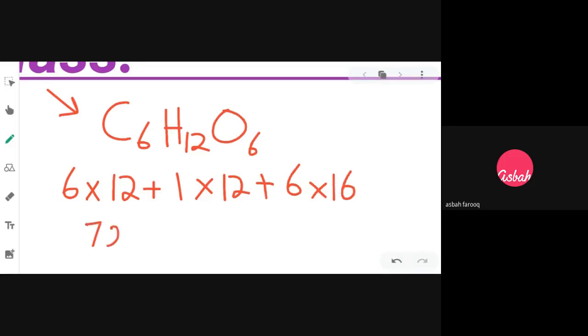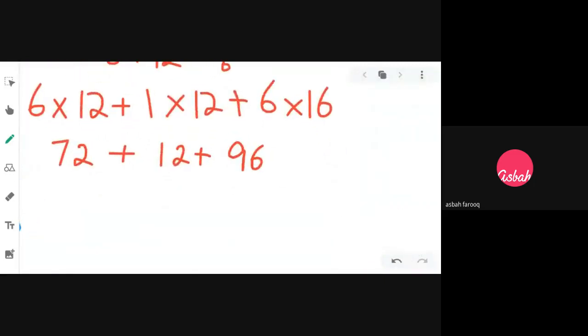It will be 72 plus 12 plus 16 times 6, which is equal to 96. And when you add all of these values, you will get 180 AMU.